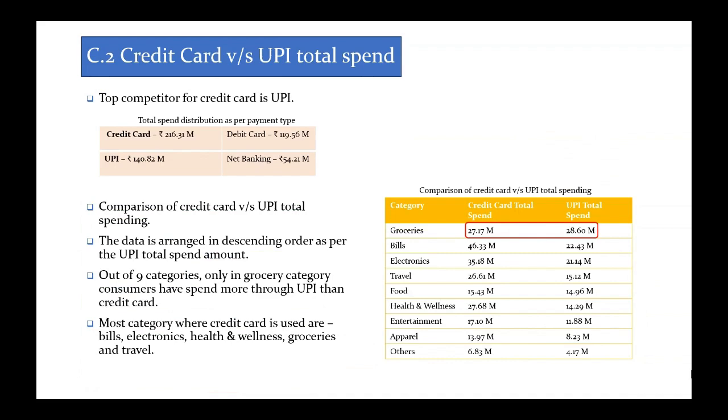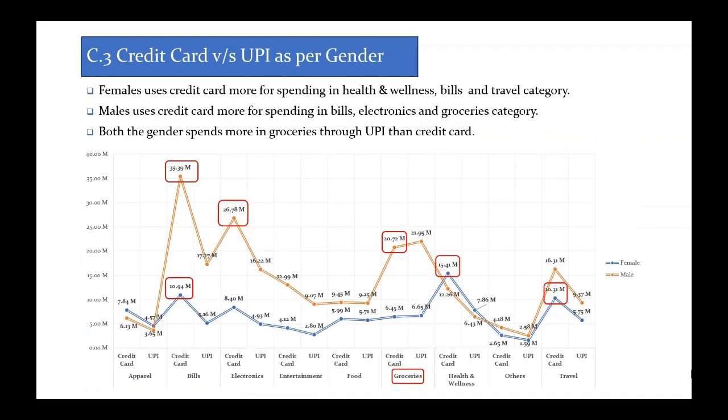Now, if we see a comparison of credit card and UPI gender-wise, in this line chart the blue line indicates females' preferences in categories, where they use credit card and how much they use UPI. The orange line indicates the male.